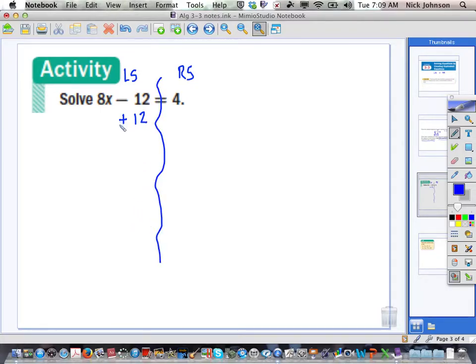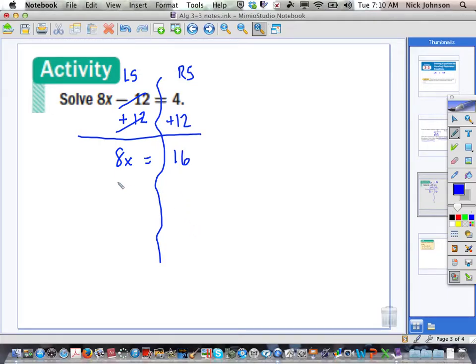So if I add 12 on the left, I have to add 12 on the right. This just keeps it nice and orderly so you can see what you're doing. Well, a negative 12 plus 12 leaves me with just 8x on the left-hand side. And 4 plus 12 gives me 16.